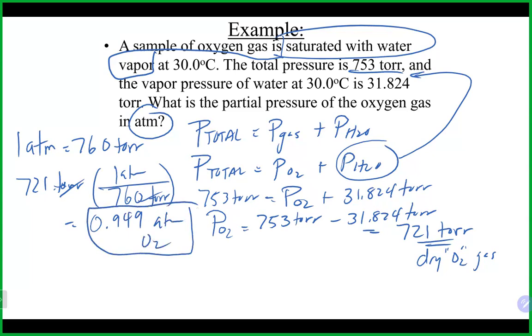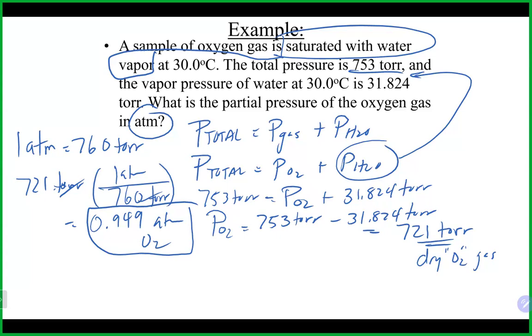And once again, that represents the pressure of oxygen in that mixture. In this particular experiment, that is actually the gas we're interested in. Very rarely are you really interested in the water vapor pressure. Any questions on that one there?